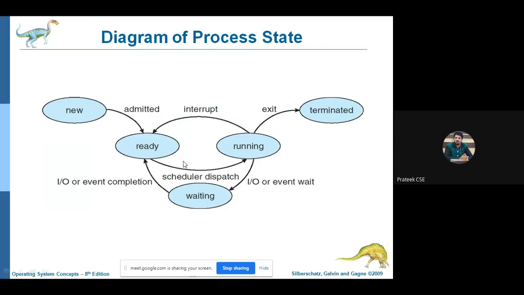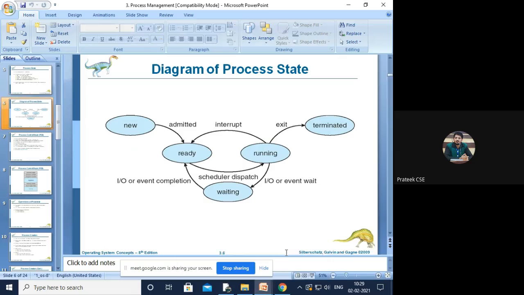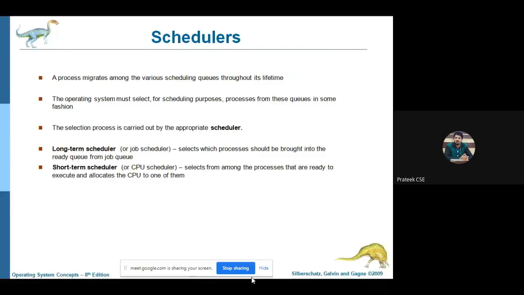So this is the task of the short-term scheduler, to choose any one process from the ready state and change its status from ready to running, and the long-term scheduler chooses some of the processes from the new state and just sends those processes to the ready state. So I hope the difference between the short-term scheduler and the long-term scheduler is very much clear.